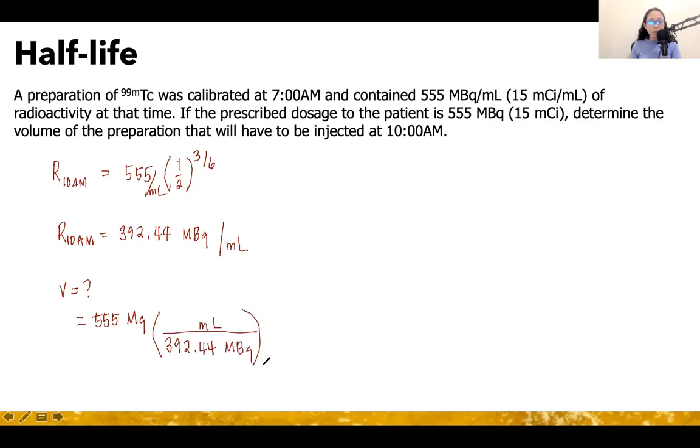So dividing 555, that will give us 1.41 ml. So you need to give 1.41 ml of this metastable technetium-99 sample so that at 10 a.m., the patient has 555 megabecquerels of activity from this technetium-99 sample.